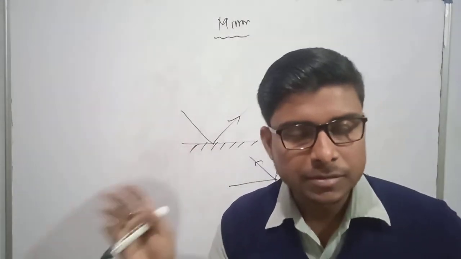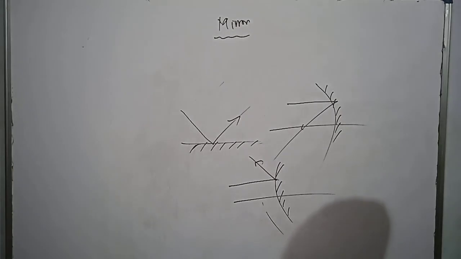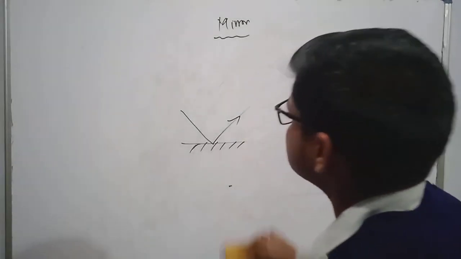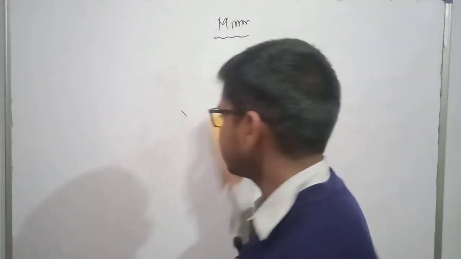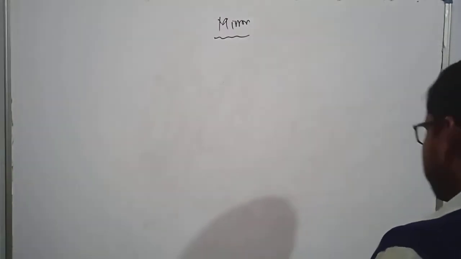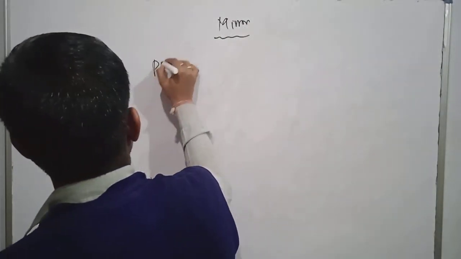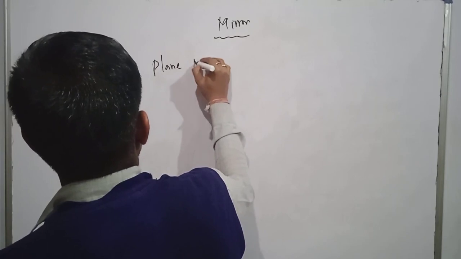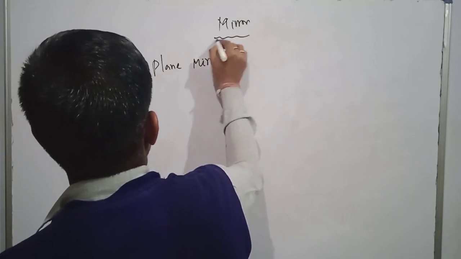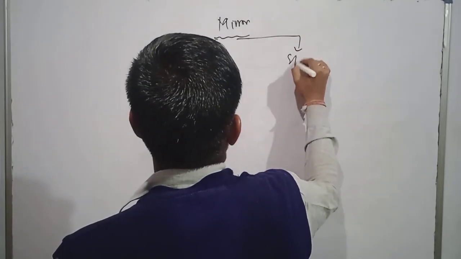Now how many types of mirrors are there? There are basically two groups: plane mirror and spherical mirror.